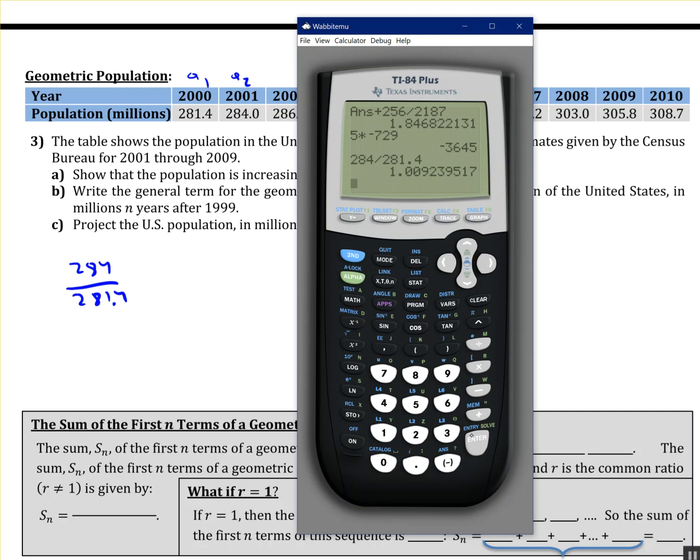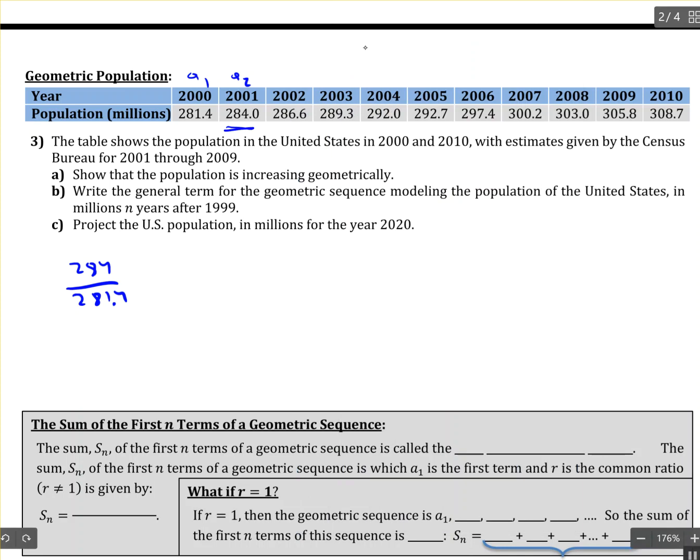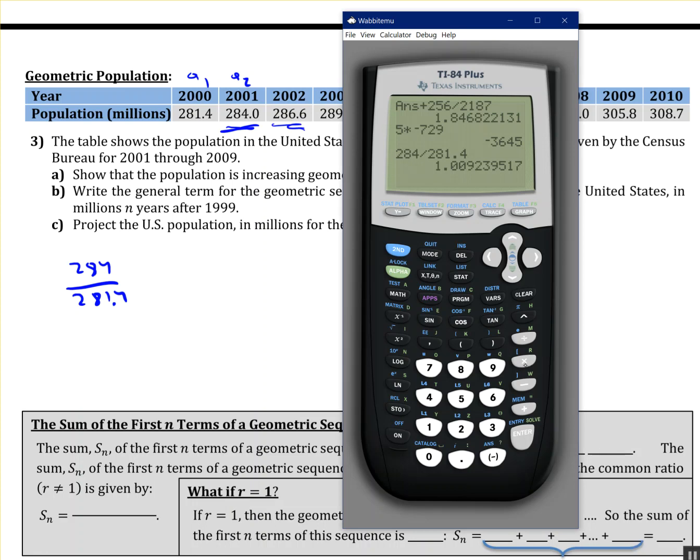So let's see what happens if I multiply 284 by that number. I should get approximately 286.6. So let's see what happens. And what do you know? I get 286.6. And if we continue on, we'd see that that's the pattern.